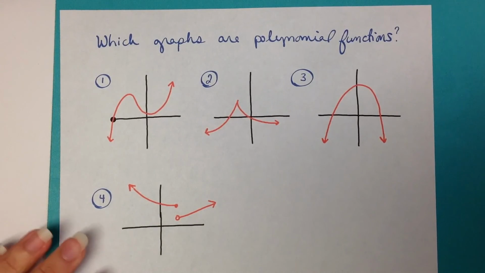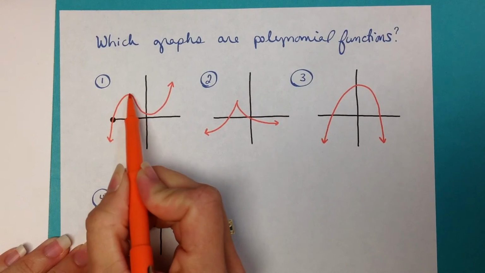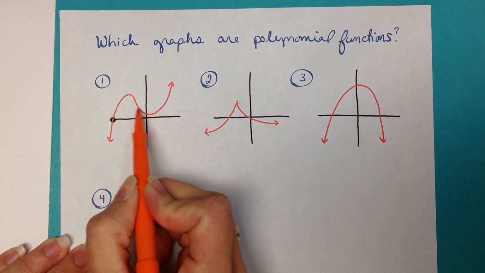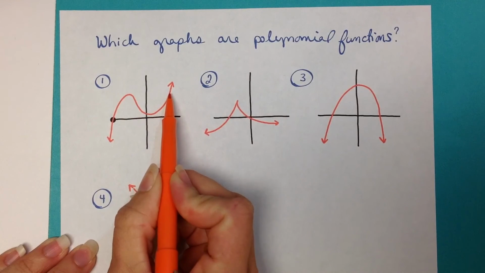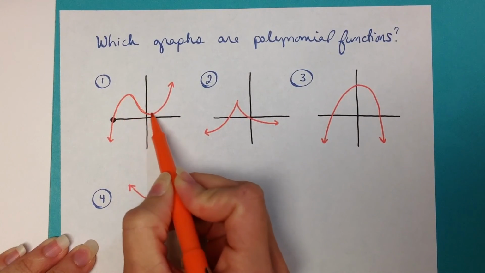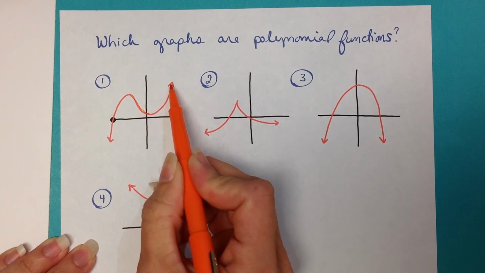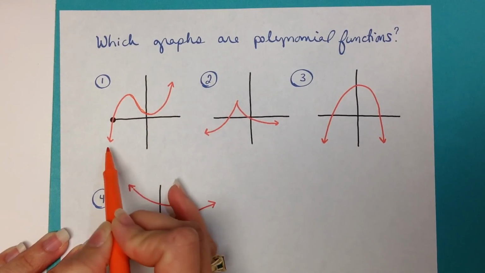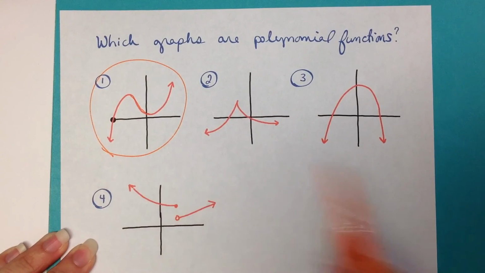All right, so the first one, this is what I would refer to as a hill and a valley. So you've got nice, smooth, rounded curves, but it is also continuous, because if I trace this from one side to the other, I don't have to pick my pencil up at all. So this one would be the graph of a polynomial.